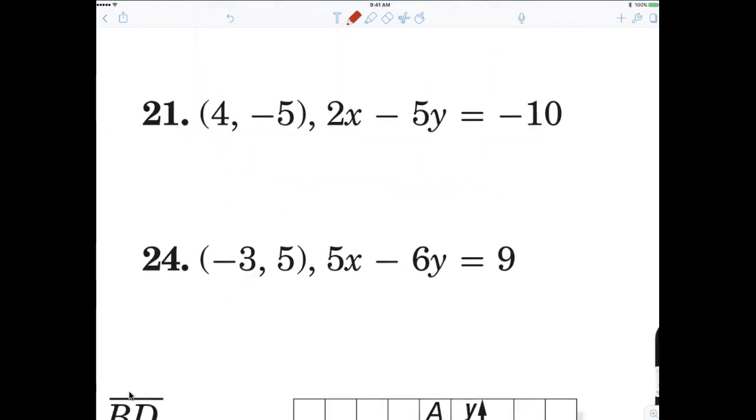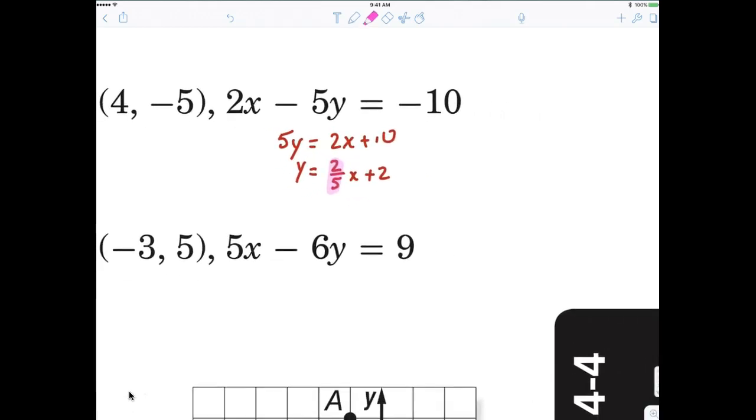So I have 5y equals 2x plus 10. So y is equal to 2/5 x plus 2. Again, the only thing that matters is the 2/5. So we will say the slope of the perpendicular is equal to -5/2.